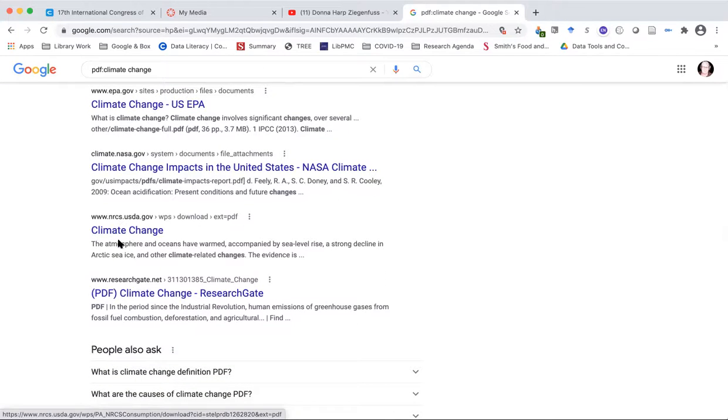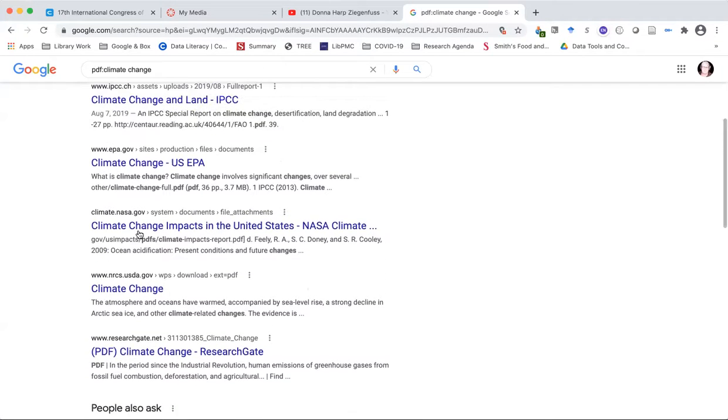USDA, climate change, okay? So if I click on this, it's only showing me PDFs. So you will get PDFs that are reports, government reports from organizations, from funding like NIH, NSF, funding people and research organizations.